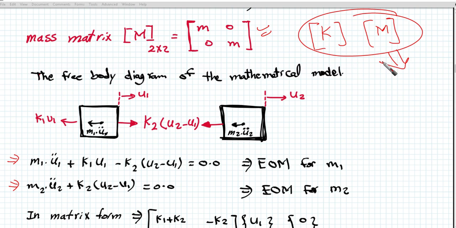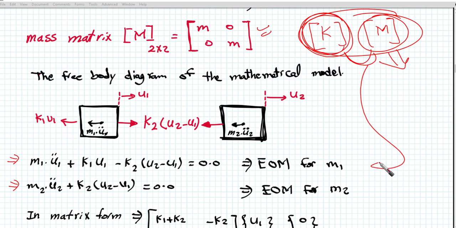But I want you to know that the formed stiffness matrix and mass matrix are representative of the equation of motion that we need to formulate. So as I said, no need for this step, but it's only for your understanding.